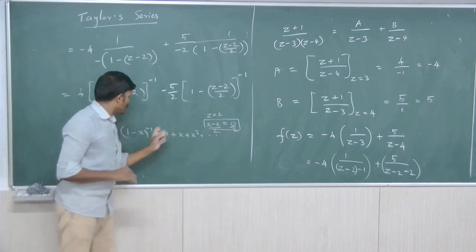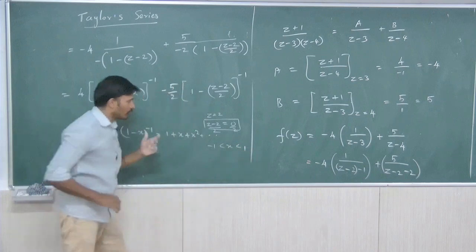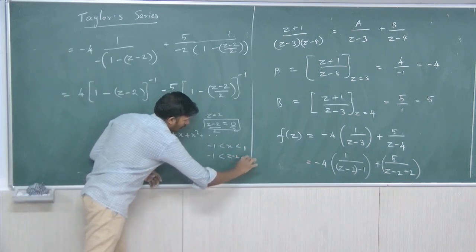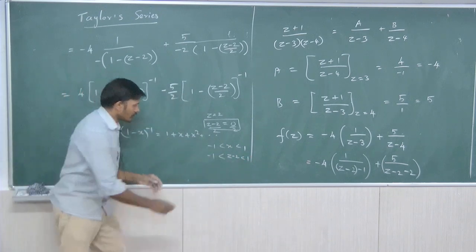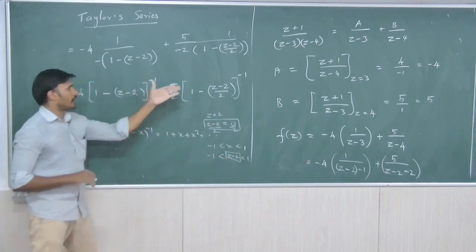That value lies between minus 1 to plus 1. That means z minus 2 also lies between minus 1 to 1, because this value is 0 I have taken, right? So for that you can expand.